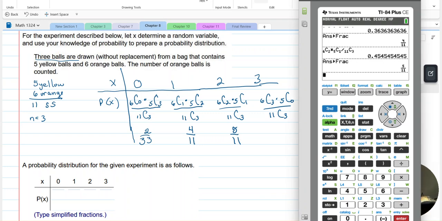Now I'm going to do this second enter. I'm going to change this one. Now I have all 3 of the orange and no yellow.